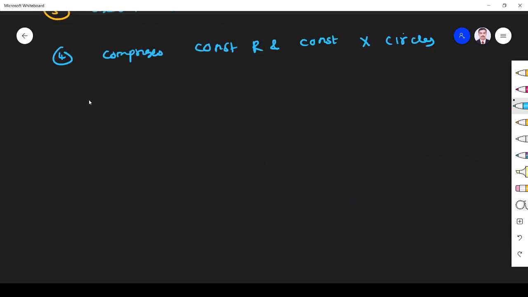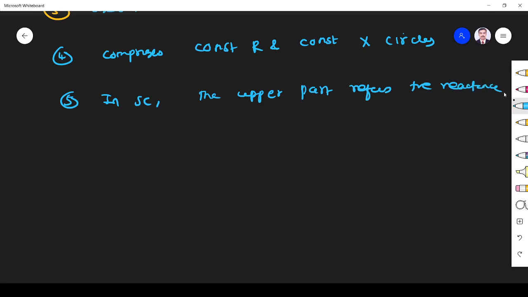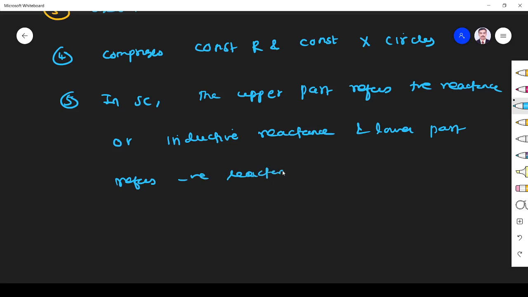Next thing in Smith chart: the upper part refers to positive reactance, or inductive reactance, and the lower part refers to negative reactance, or capacitive reactance.